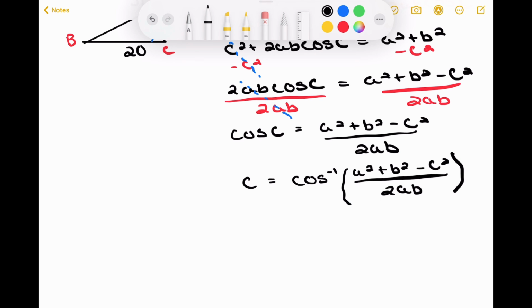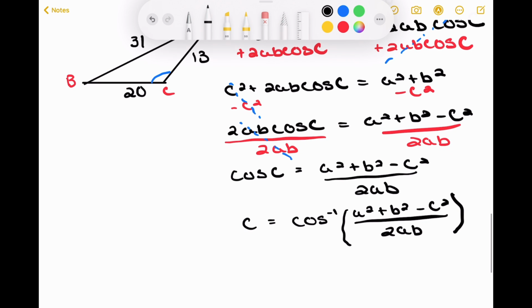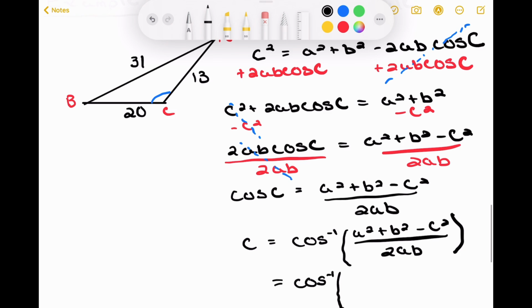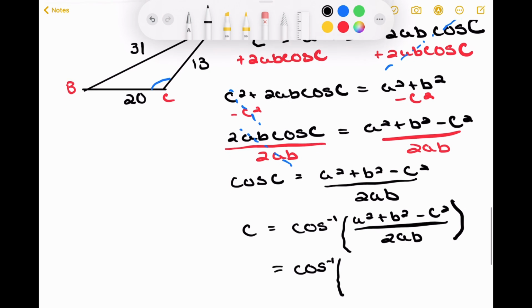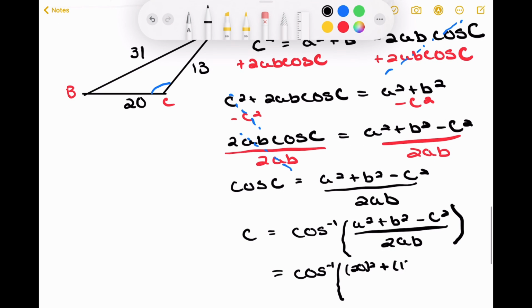And now let's plug in the values we do know from our triangle into a, b, and c. So C is equal to cos inverse of a squared. Well, a was going to be opposite of the a angle, so that's 20 squared, plus b opposite was 13 squared, minus c, which was 31 squared, all over 2.